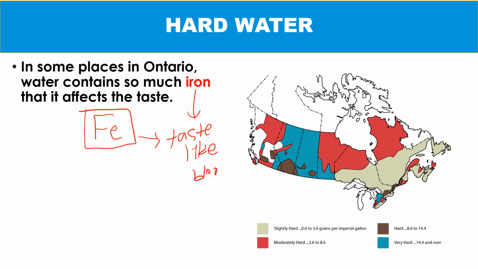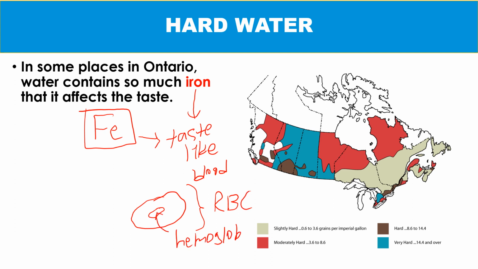Some people may say, Mr. Kim, why does it taste like blood? Did you taste iron metal and also compare it with blood? Well, the reason is because we have, I think this is the best drawing I can do, a red blood cell, RBC, and at the center we have something called hemoglobin. And hemoglobin has iron in it.